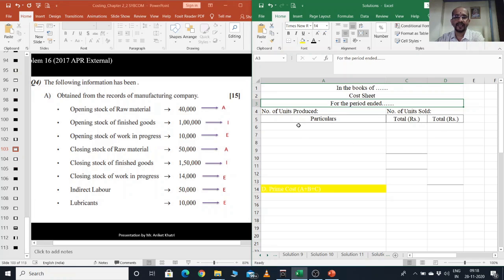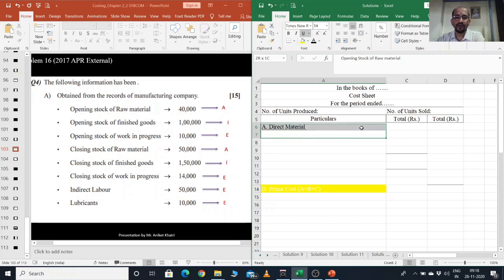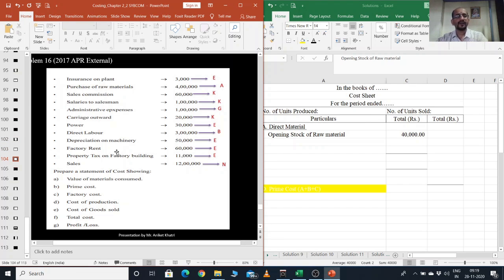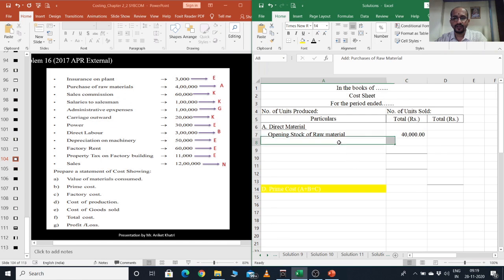Okay, next is first A thing, direct material. Now here you need to see opening stock of raw material, which is mentioned: 40,000. Next you need to add the purchases, right? So where is the purchases? It is on the second page, purchases, that is 4 lakhs. So add 4 lakhs.